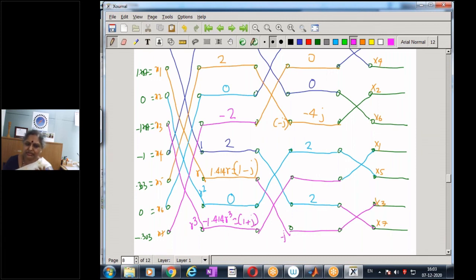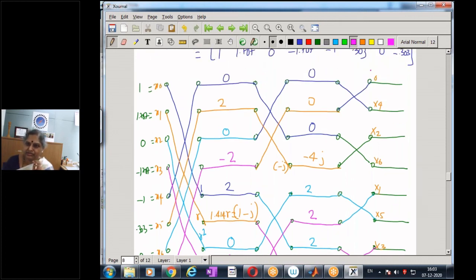So that's a minus sign, so 1 plus j, and this is going to give me a 2. And this is minus, multiplied by minus 2j into a minus j. So minus 2j into a minus j. This is going to be j square, minus minus plus, so this is going to be minus 2. So this is what we have.